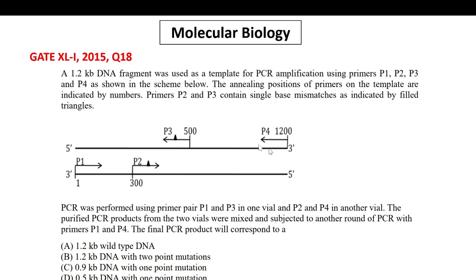So these lengths are also provided in the question. So if P3 and P1 bind to the template DNA, what will be the amplified product length? You can easily find out by looking at this figure. We will discuss how in the solution part.